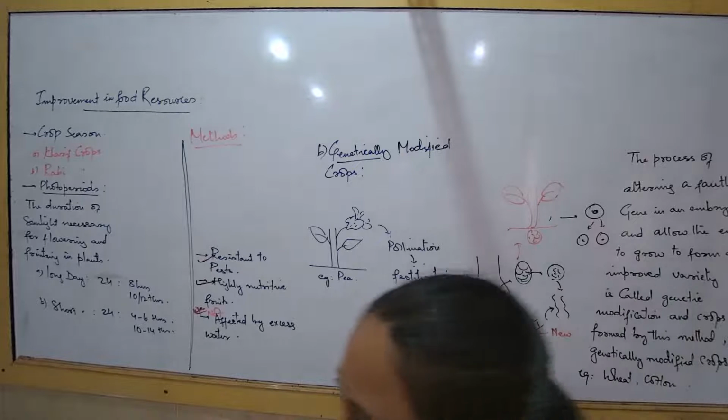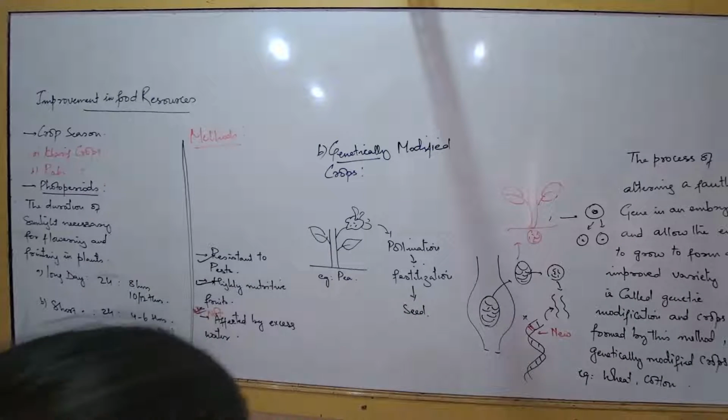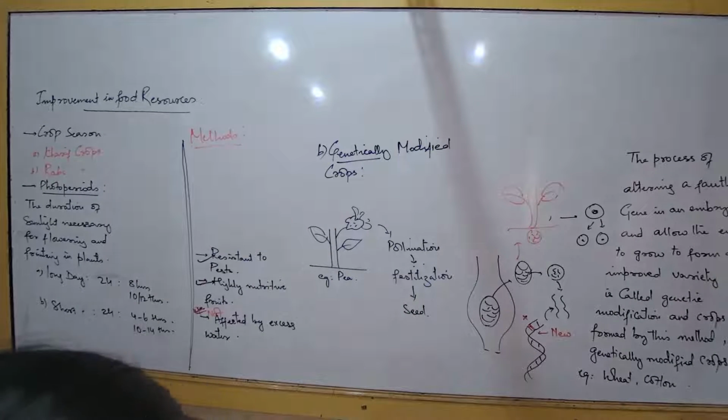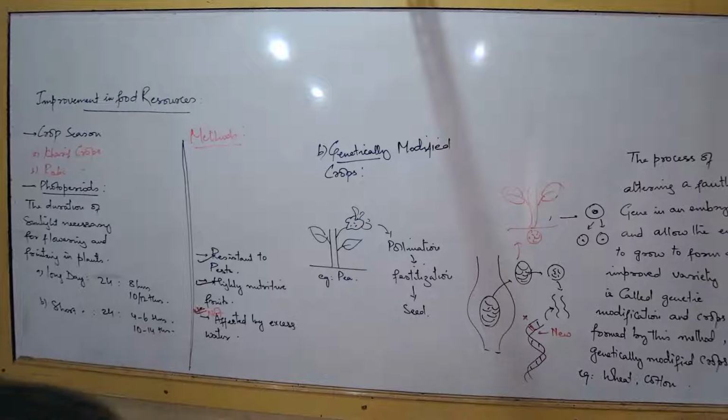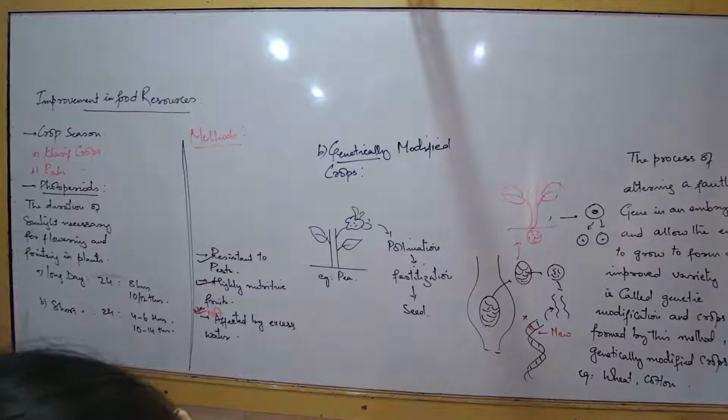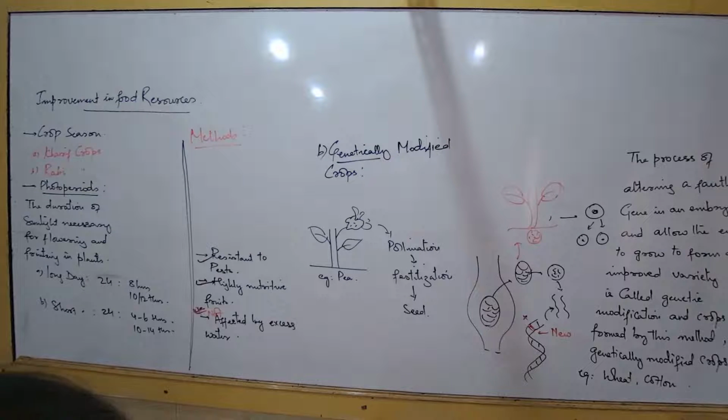You get questions in your paper: name the two methods for improvement of variety of plants. The answer to write is hybridization and genetic modification.